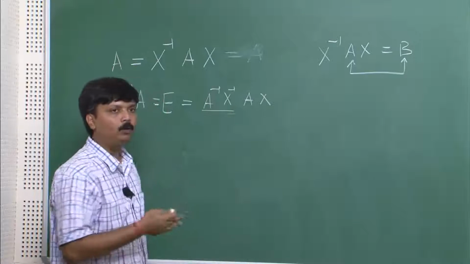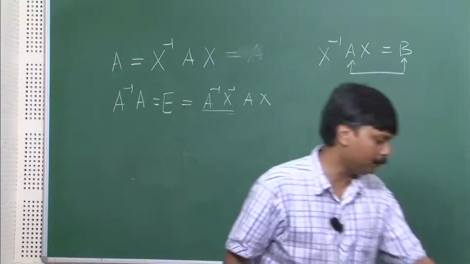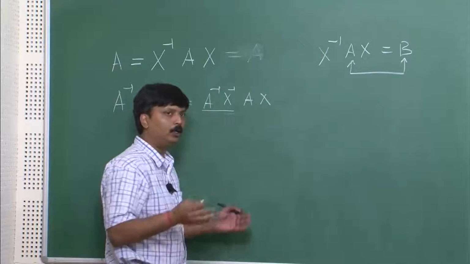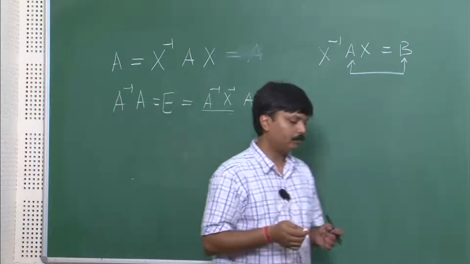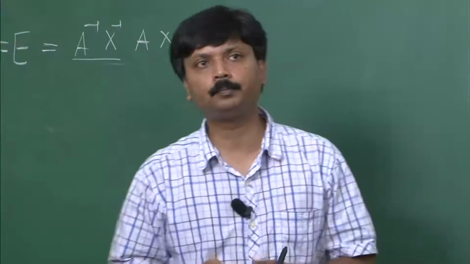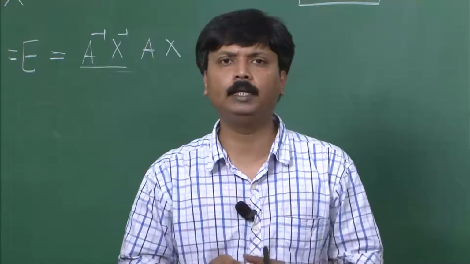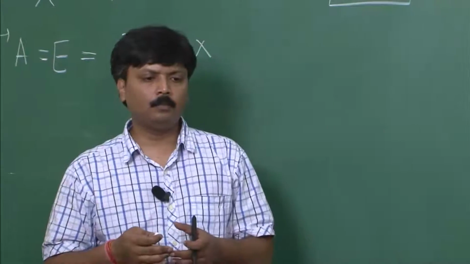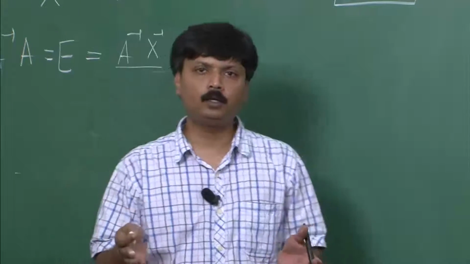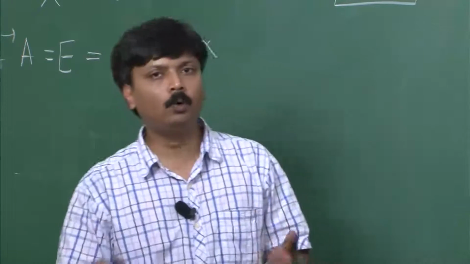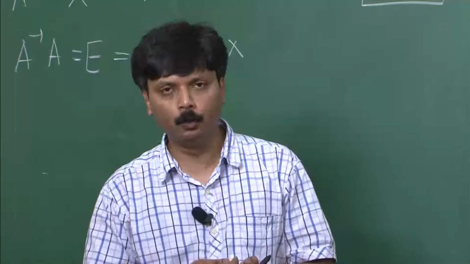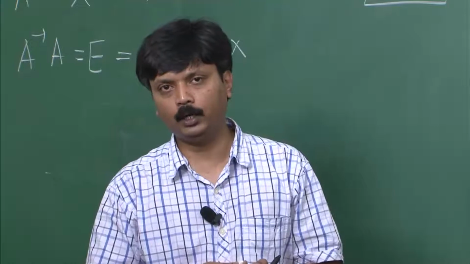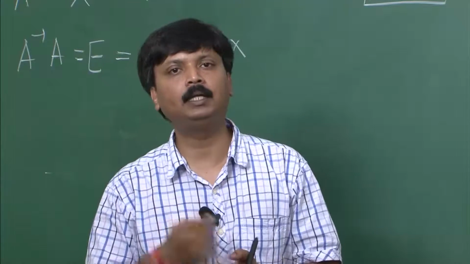In order to find out, we can utilize another property of the elements of a group, which says that the reciprocal of a product of two or more elements of a group is the product of the reciprocals of those elements, but in reverse order.